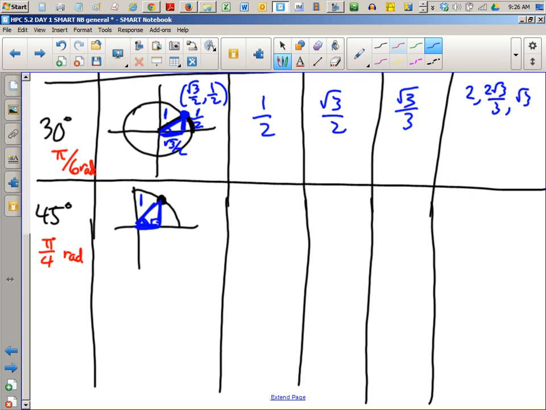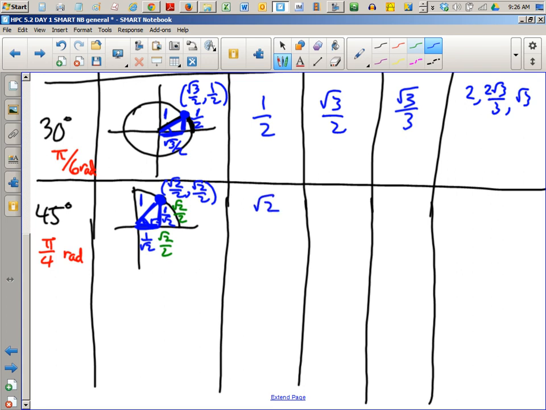According to the 45-45-90 rule, the legs are basically the hypotenuse divided by root 2. So these are each 1 over rad 2, or we probably should write that more properly as root 2 over 2. So the coordinates of this point up here are officially rad 2 over 2, comma, rad 2 over 2, and we're ready to start writing our 6 trig ratios.